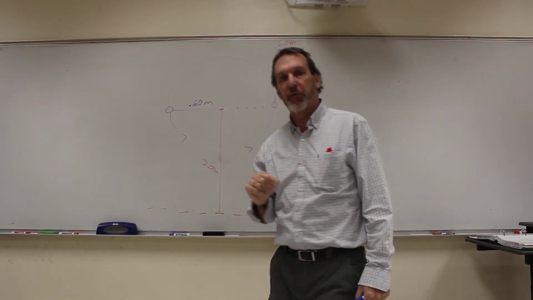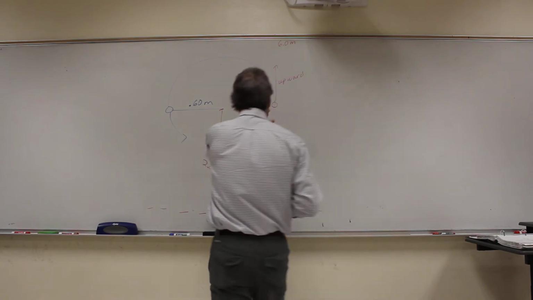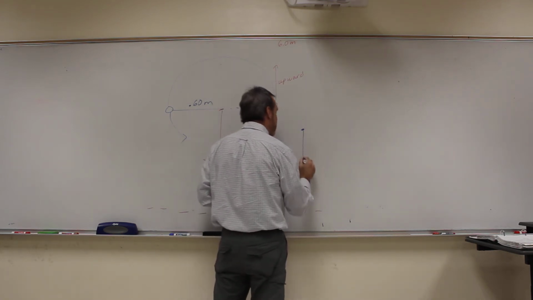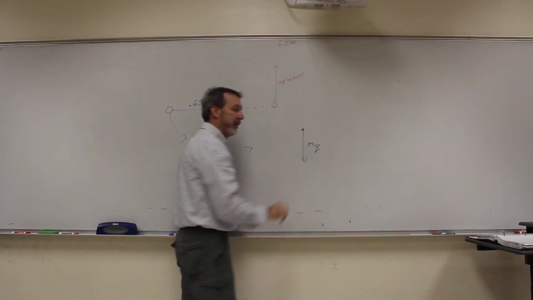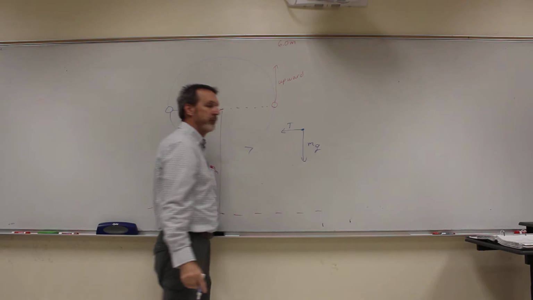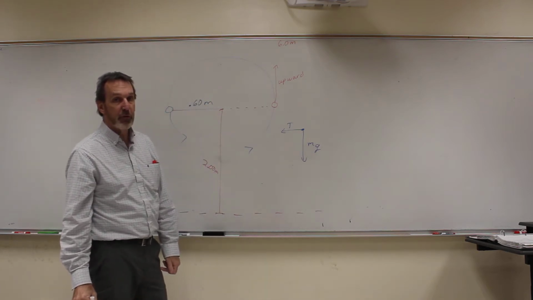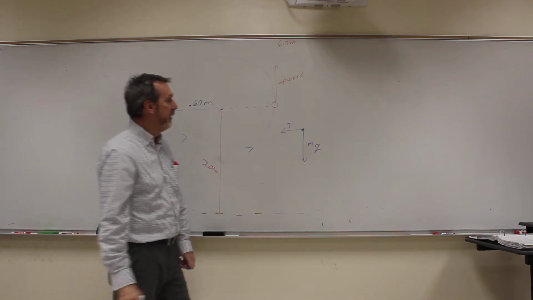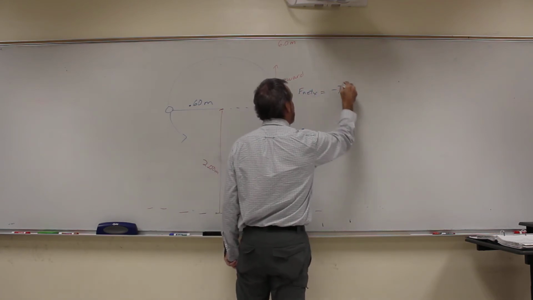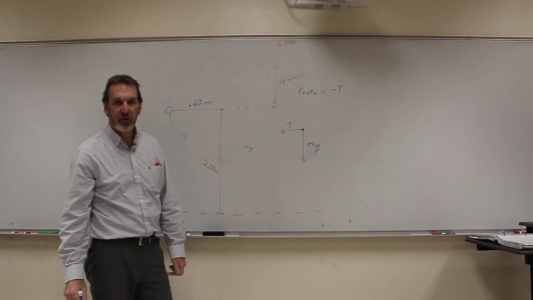So what we need to do is draw our free body diagram. At this point right here, here's our ball. We have gravity working this way, and we have tension going this way. Those are the only two forces acting on the ball at that point. So we can say that the F net x direction is equal to minus T, or minus the tension.